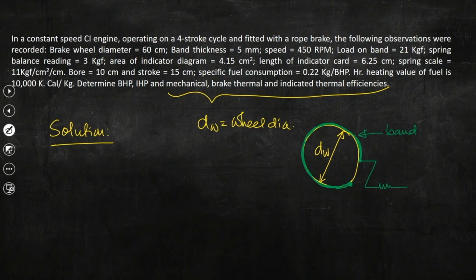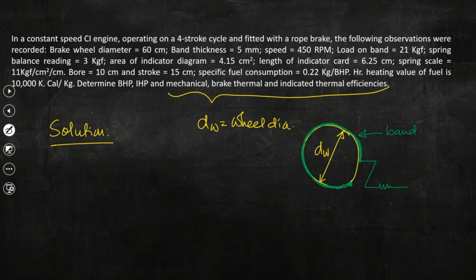Okay. What is done is that this brake wheel is rotating, because the engine is rotating. Now, if we wrap one band over the periphery of this wheel, and it is spring loaded, and we tighten the band, then the spring balance will give one reading.